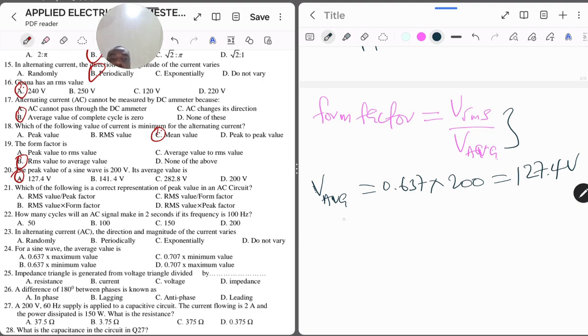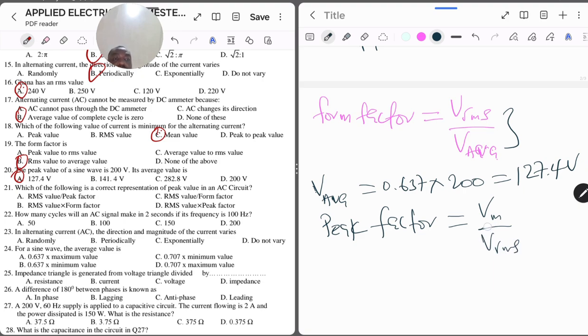So let me write the formula for peak factor. For peak factor, you take the maximum voltage to the root mean square value, right?